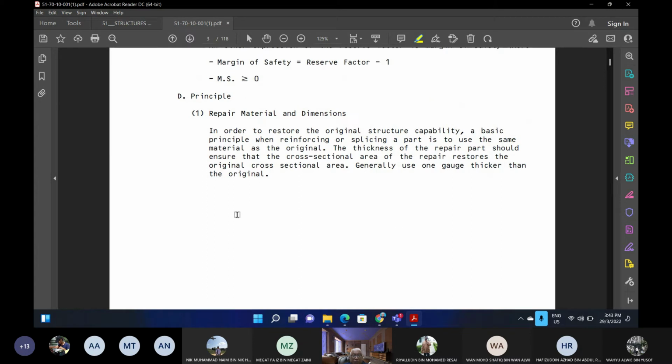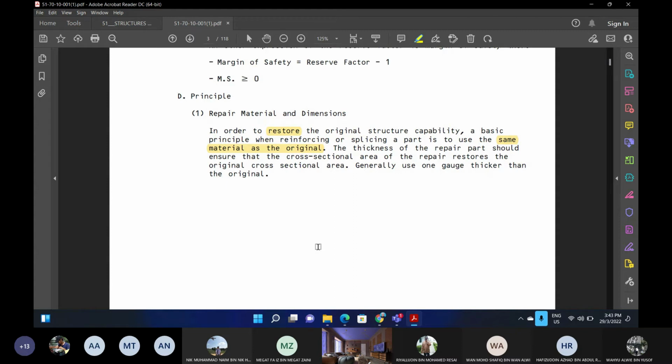Okay, next material, repair material and dimension. In order to restore, remember, repair, restore. A basic principle when reinforcing and splicing is to use the same, remember, same material as the original. First rule.